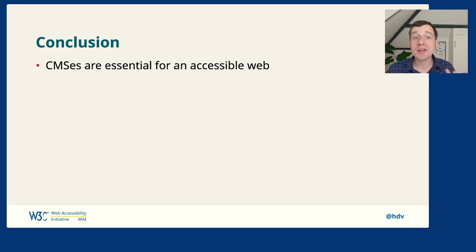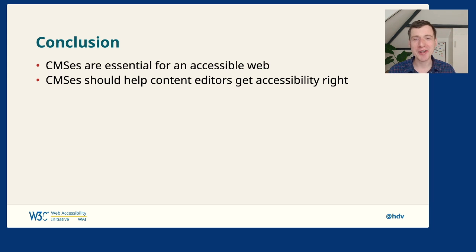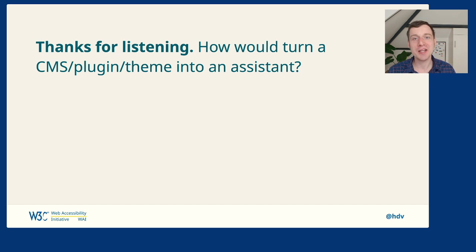Now, secondly, I think CMSs should really help content editors get their accessibility right. And I hope in this talk I've outlined a number of ways in which they can. Hopefully we can really see our CMSs as accessibility assistants. And that's the question I want to leave you with. How would you turn your CMS, your plugin, your theme into a better assistant for web accessibility?